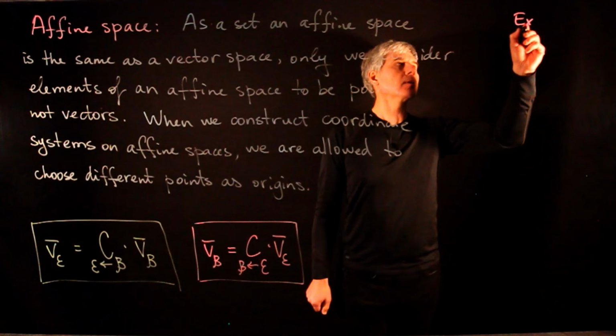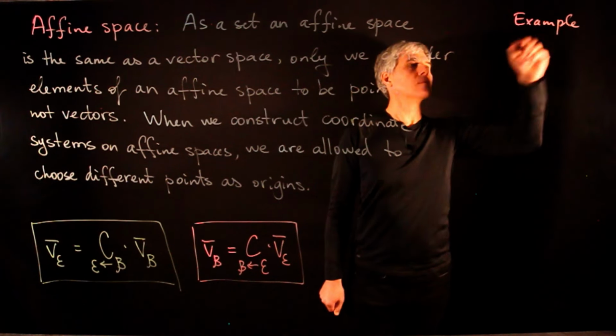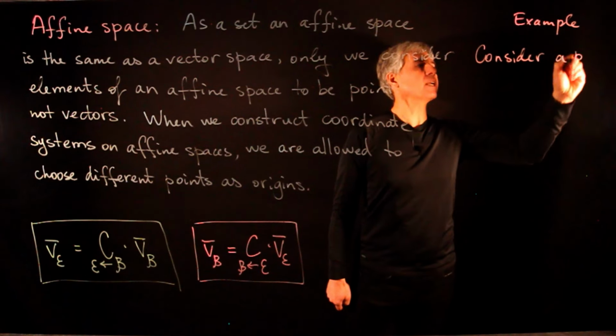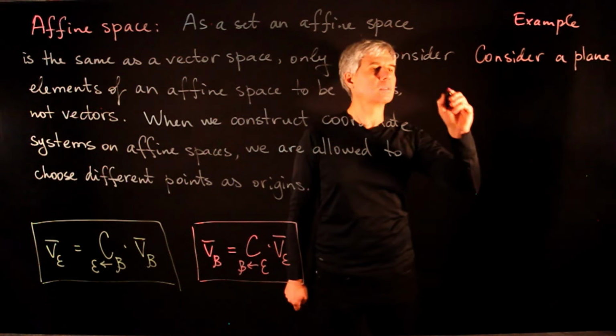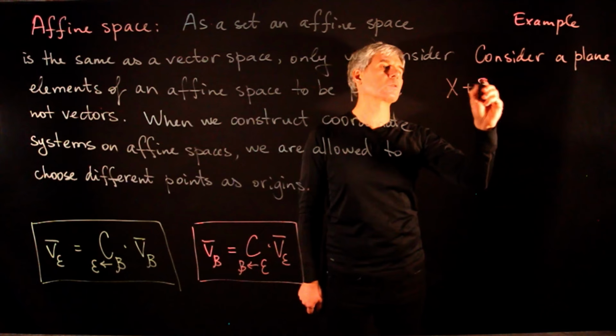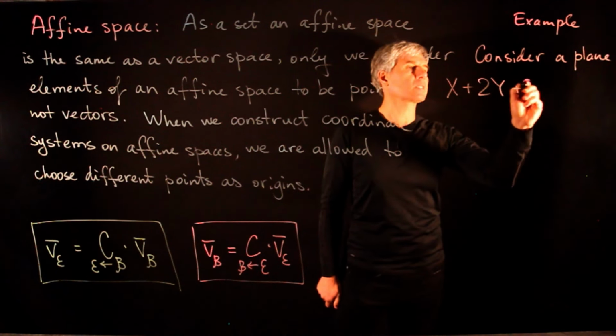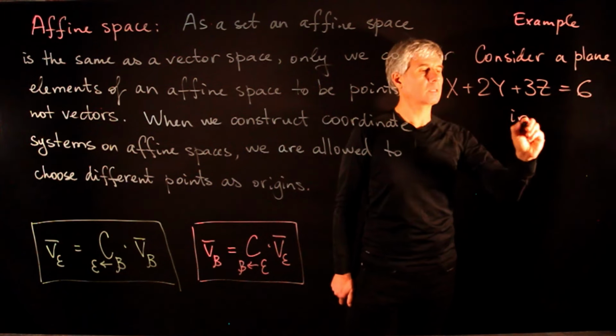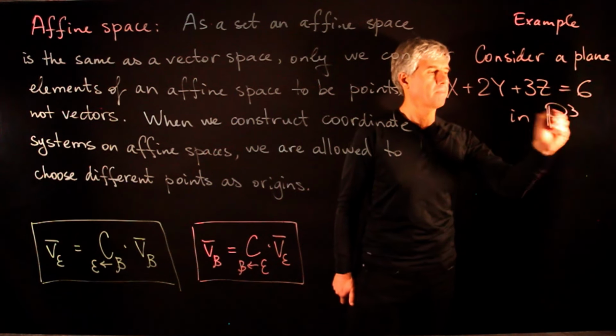As an example, consider a plane x + 2y + 3z = 6 in R^3.